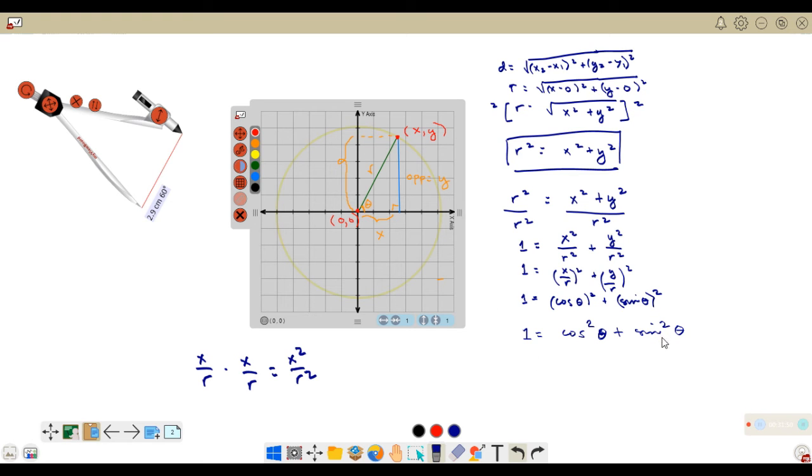Ngayon, ba't ko siya sinulat kanina na sine muna bago cosine? Kasi on most books, laging inuuna si sine. Sine squared theta plus cosine squared theta. Yan, kaya ako nalito kanina. So, lagi yung ganito isinusulat. Sine theta muna before cosine theta. And then, pagbaligta rin natin yung dalawang side. Sine squared theta plus cosine squared theta is equal to 1.